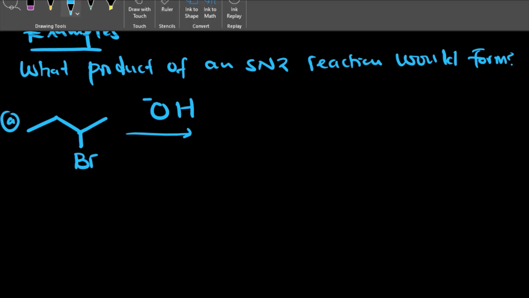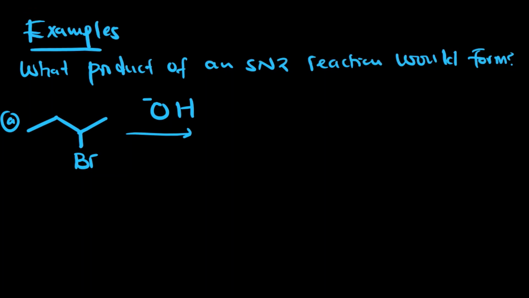So what is going to happen here? See, this here is our alpha carbon, and we said that the alpha carbon is partially positive. This partial positive is going to attract this negatively charged nucleophile. So this nucleophile is going to attack the alpha carbon from the backside of the halogen. So there's going to be 180 degree backside nucleophilic attack.